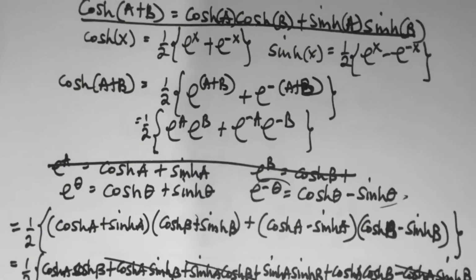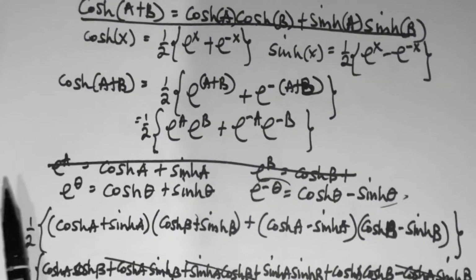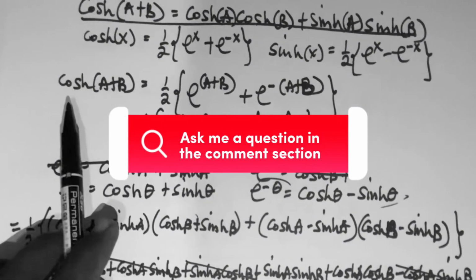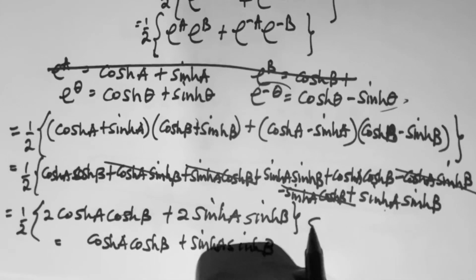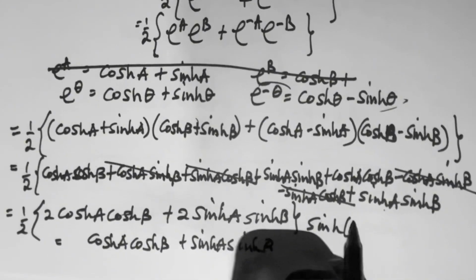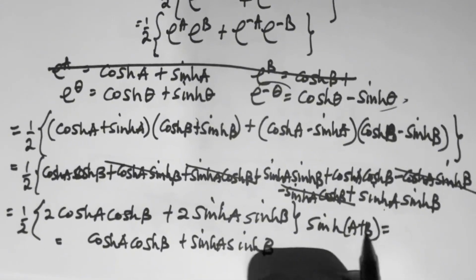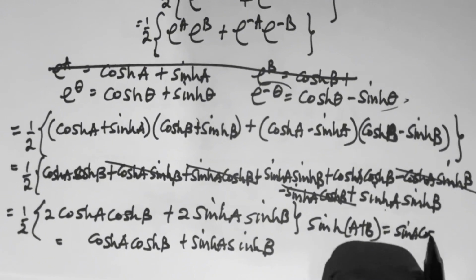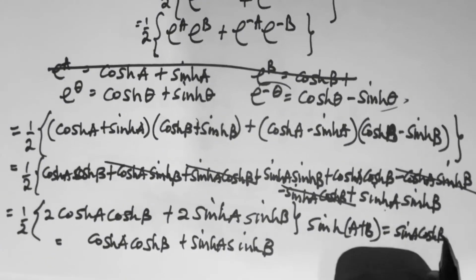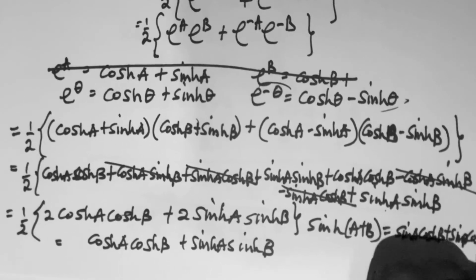So now we could also use this same definition of the cosh and sinh functions to evaluate sinh (A plus B), and we know that sinh (A plus B) is the same as sinh A cosh B then plus sinh B cosh A.